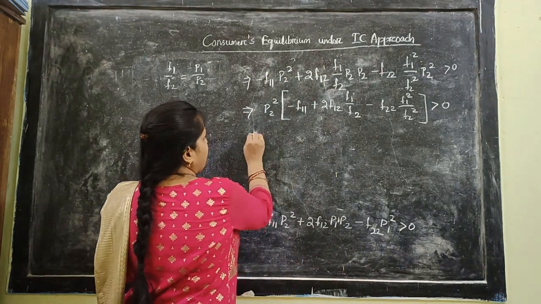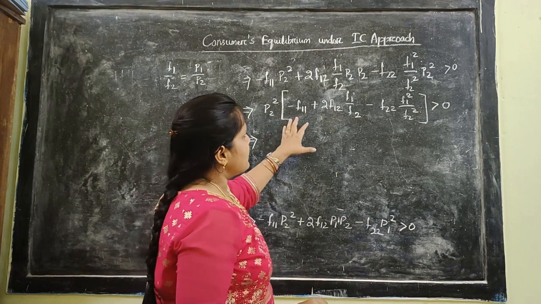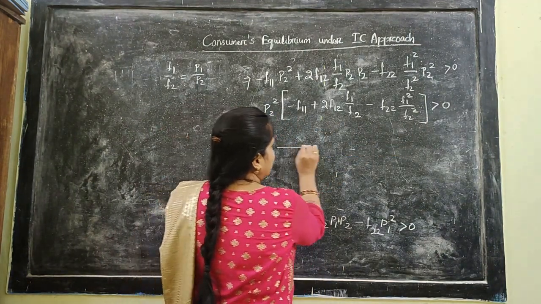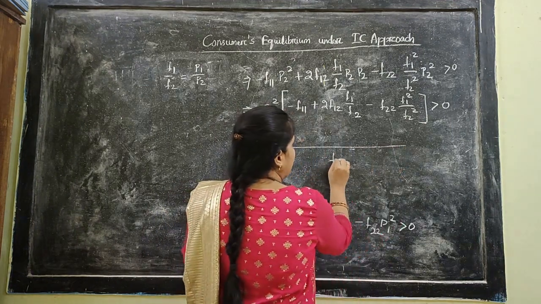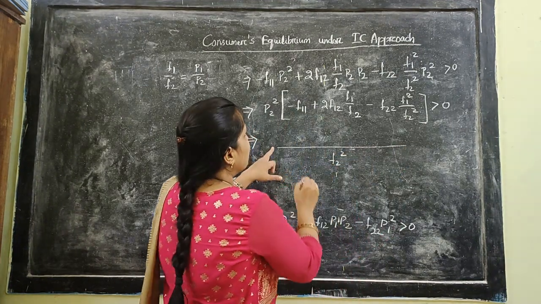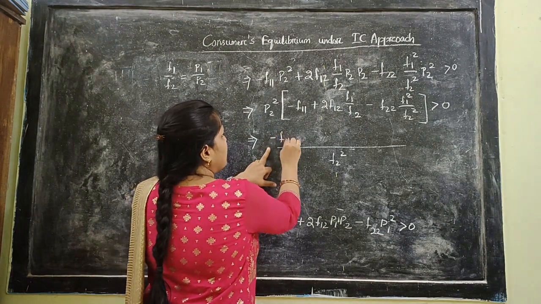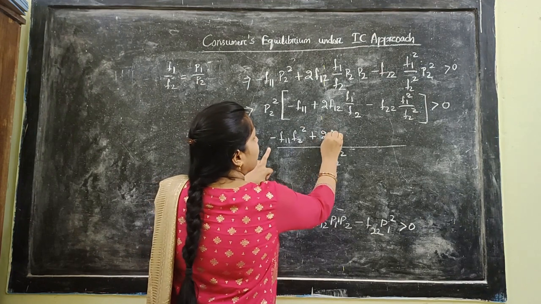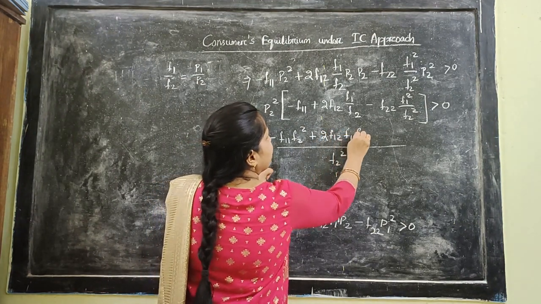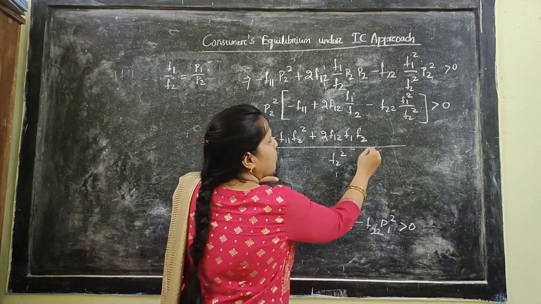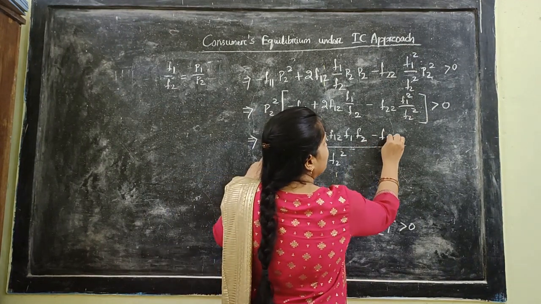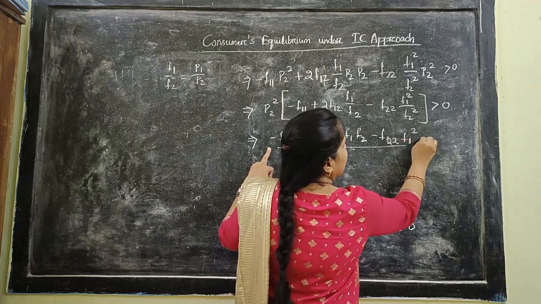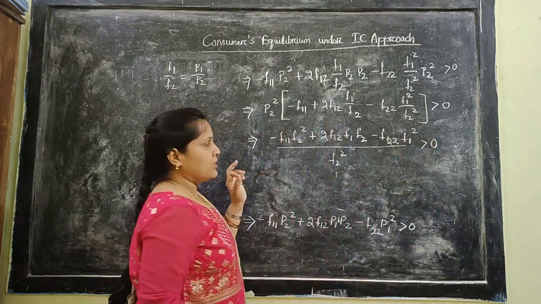So now let's take the sum of the bracketed term directly. Taking F2 square, it is F11 F2 square plus 2F12 F1 F2 minus F22 F1 square, it should be greater than 0.